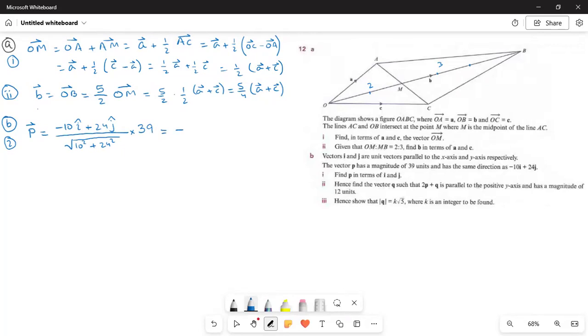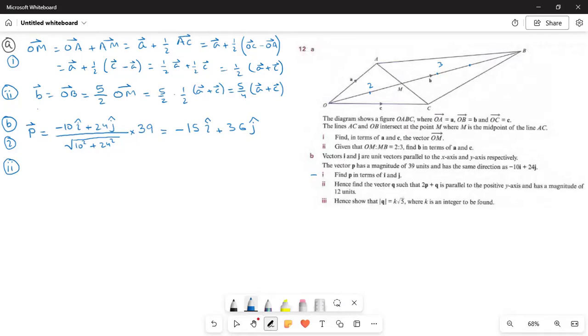So I will have minus 10 times 3 by 2, which is 15i, plus 24 times 3 by 2, which is 36j. Okay, so this is my part 1.